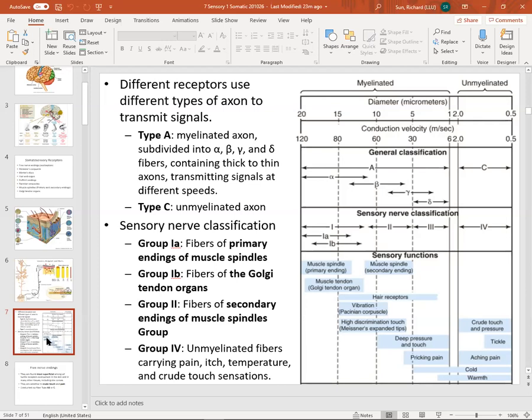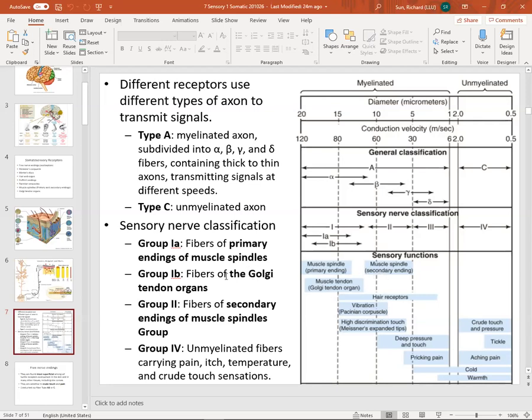They call it, say, type 1A receptor, type 1B, as a way to describe that type 1A is the muscle spindle, type 1B is the Golgi tendon organ. So a type 1A sensory signal would be the muscle spindle signal. Type 1B would be the Golgi tendon organ. So these are commonly seen.